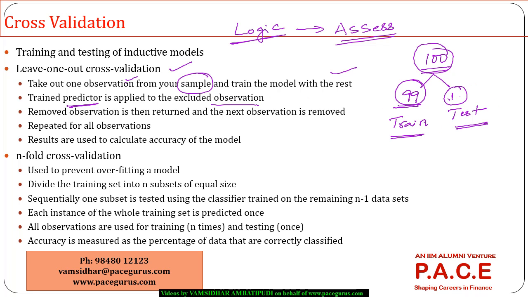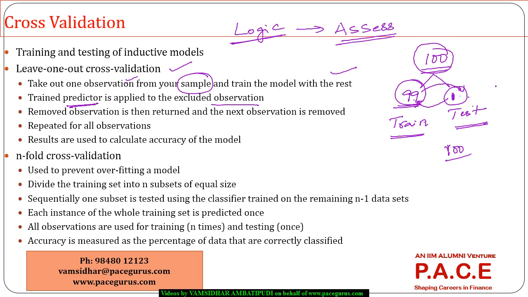Then this one is added back to the sample, and another one is brought out. This whole process continues 100 times. The first one is excluded, and the remaining 99 are included. Then the second one is excluded, and the remaining 99 are included in the training. So this test is performed 100 times, for all the observations.